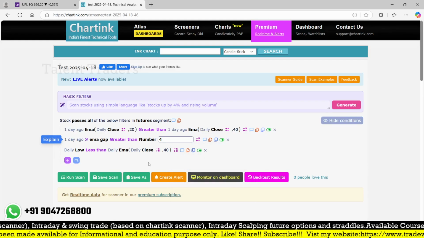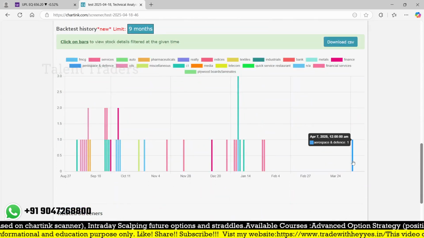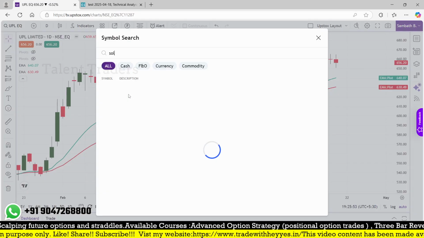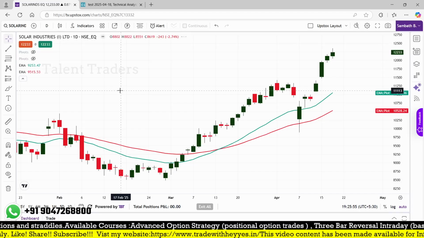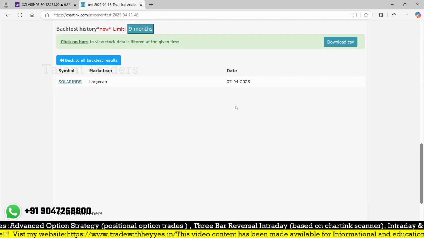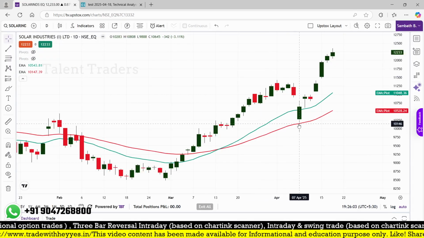I'll just go for 4%, any 4% stocks? Very few. And at this point, Solar Industries 7.4, this is an opportunity. On 7th April, you can see a 4% gap in the moving averages, and suddenly it came to the level.